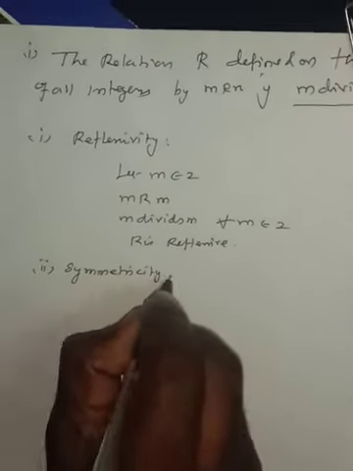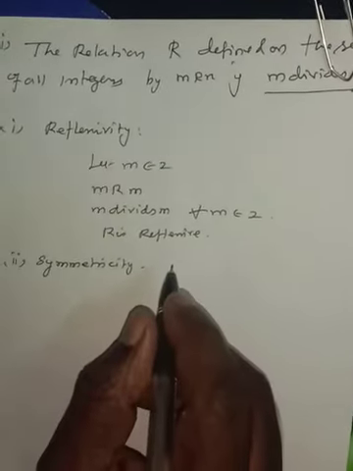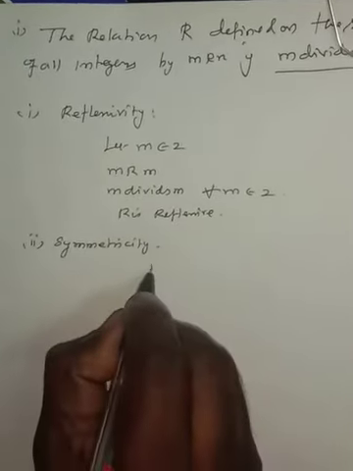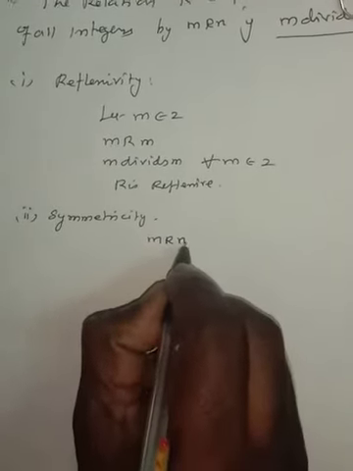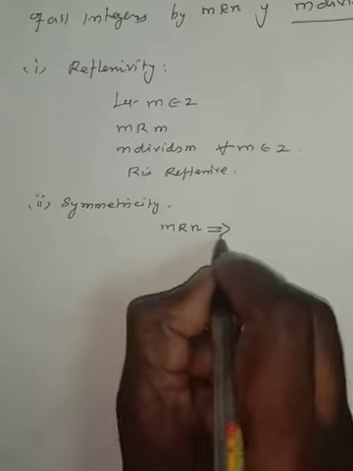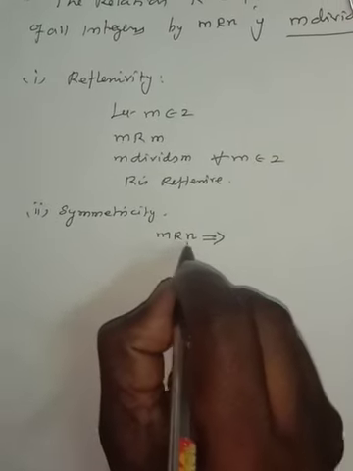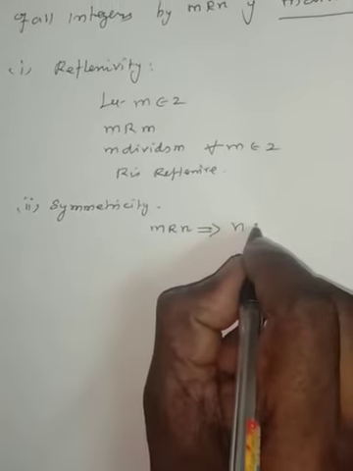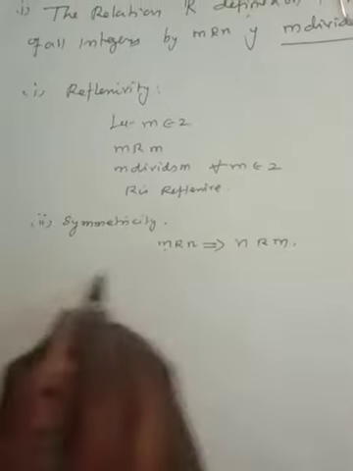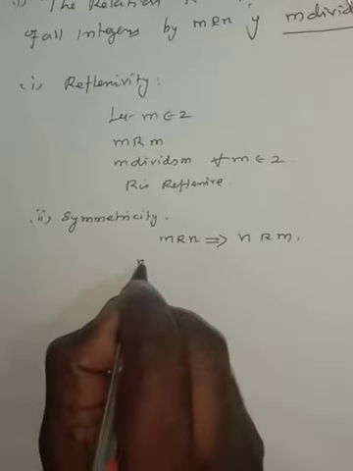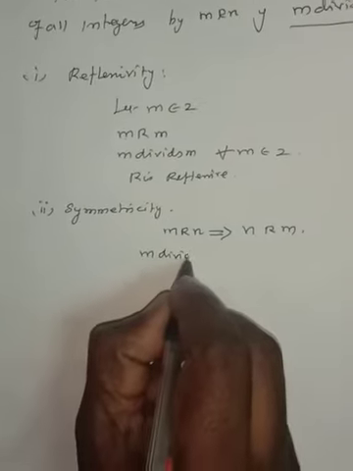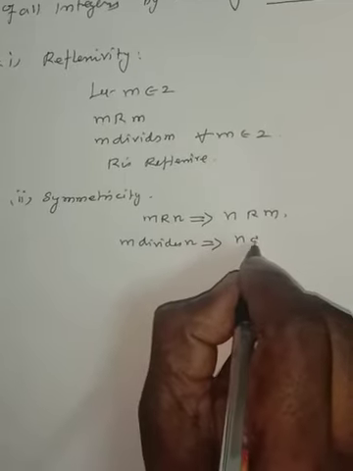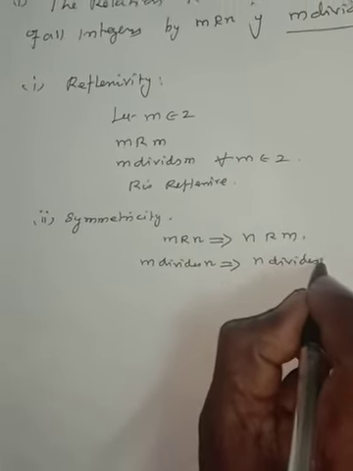Symmetry. Let m, n belong to the integers. M relation n implies n relation m. M relation n means m divides n implies n divides m.